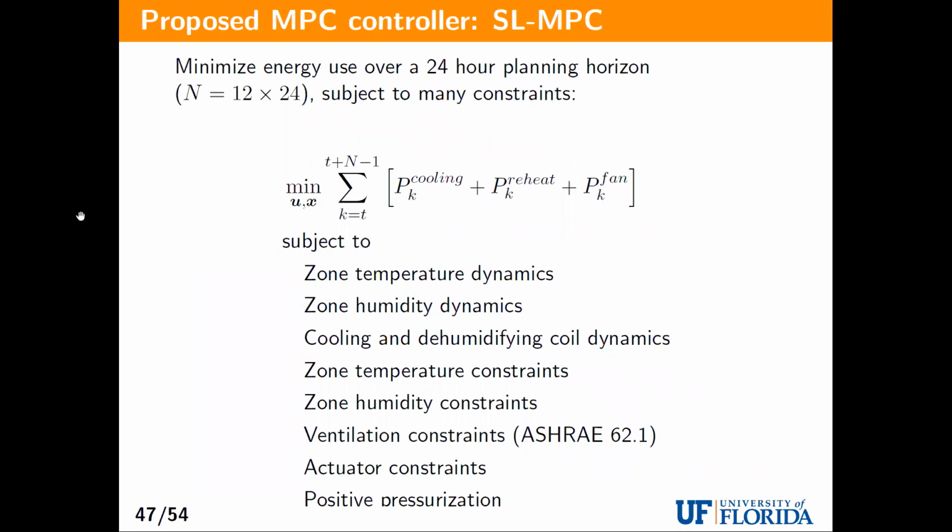So this is how the MPC optimizer looks. It's a mess, so I'm trying to represent it in a simple enough manner. The planning horizon is 24 hours, and everything is updated every 5 minutes. So in 1 hour there are 12 samples, and 24 times 12 is 288 samples.